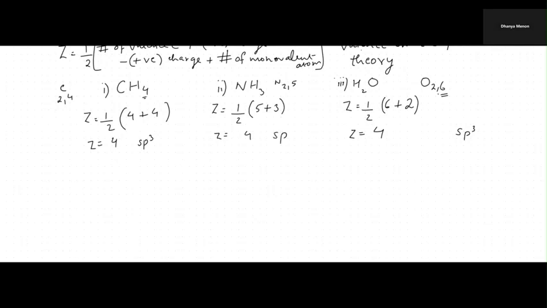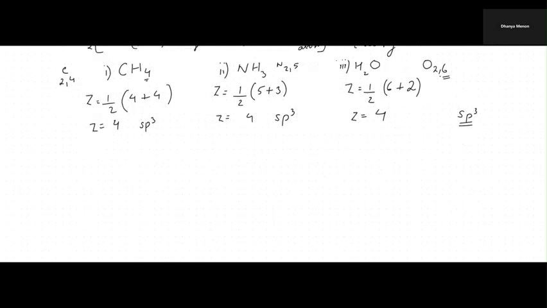Here also the hybridization is sp3. And if I talk about the geometry, it is tetrahedral. Geometry, not the shape. I'm talking about the geometry. For all of them it is tetrahedral because Z equal to 4 and the hybridization is sp3. I hope till here it is clear. In the last video, we had done this.